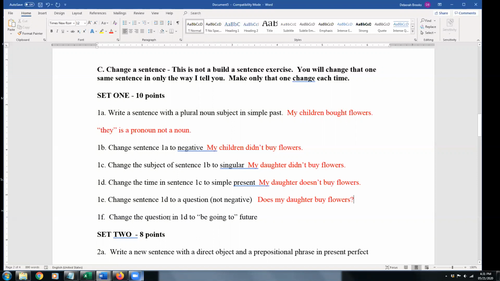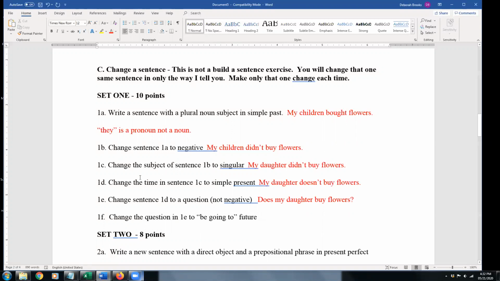And then this one is my bad. So I did change the D to be going to. I meant change E to be going to. So I accepted both of those answers, but what I wanted was to keep it a question. Change that question to be going to future.